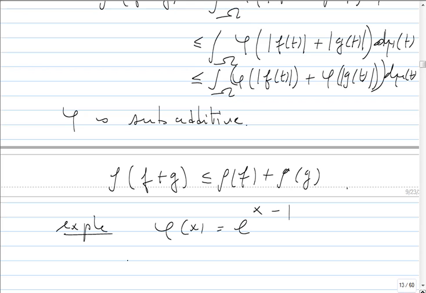It is convex, increasing, and it's only equal to 0 at 0, and is not subadditive. So if it is not subadditive, then we have a problem.